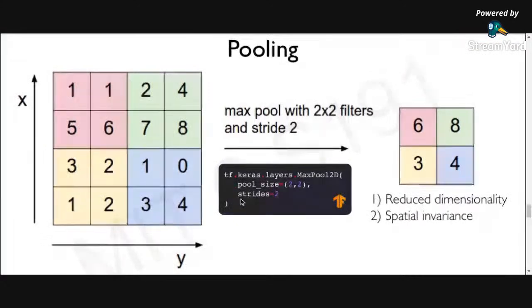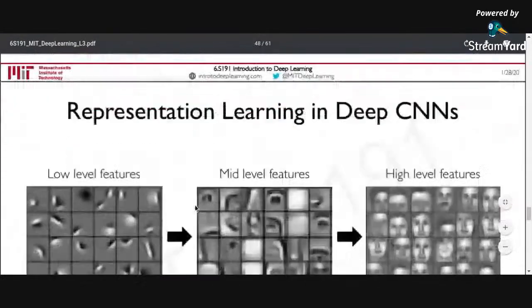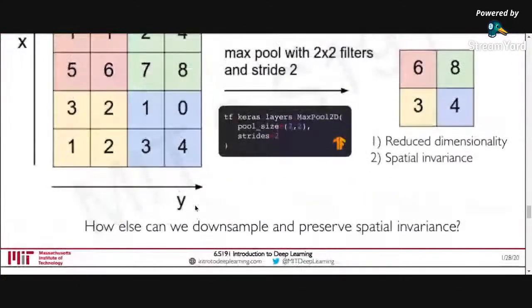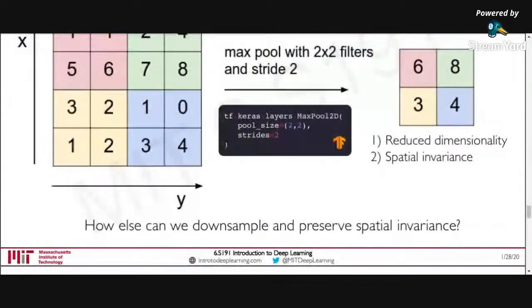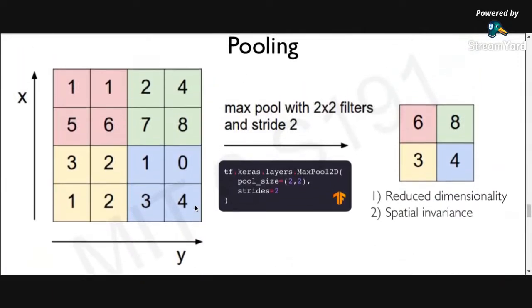We are taking the max value from this convolution, then this convolution, which is 6, 8, 4, and 3. So this solves the question of how to downsample and how to preserve the variance. What we saw earlier, that you could see rotated images also being detected. How to reduce overfitting. All that is thanks to pooling, average pooling and max pooling.